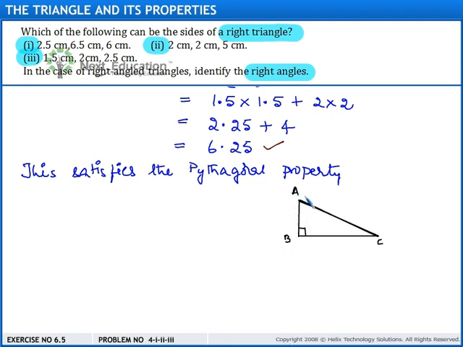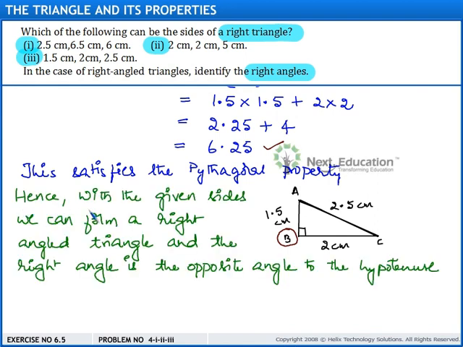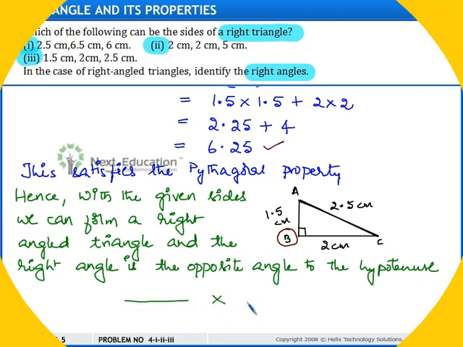So this is a right angle triangle ABC, wherein the hypotenuse is 2.5 centimeters and the other two sides are 2 centimeters and 1.5 centimeters. Therefore, the right angle is located at the opposite angle to the hypotenuse. Hence, with the given sides, we can form a right angle triangle, and the right angle is the opposite angle to the hypotenuse. So this is the end of the solution.